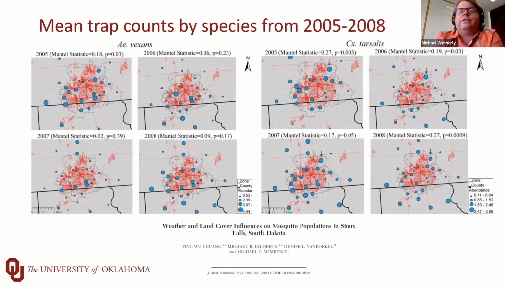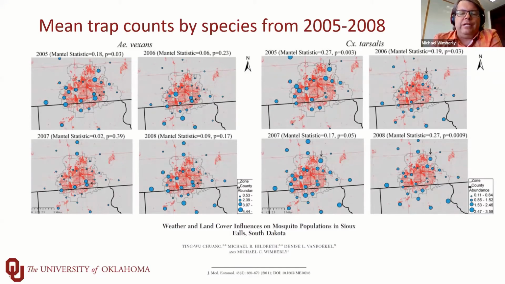One of the first things you see when you look at the data is it's kind of noisy. It looks maybe like with Aedes vexans, we have some bigger circles closer into Sioux Falls, which is the red area there, the city. With tarsalis, it looks like we might see some larger circles outside the city, but it's difficult to tell.